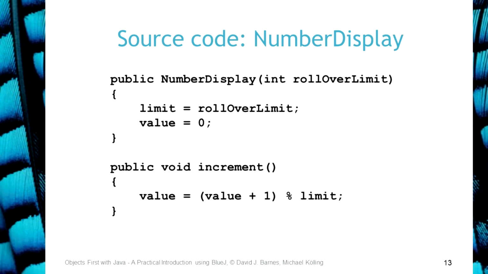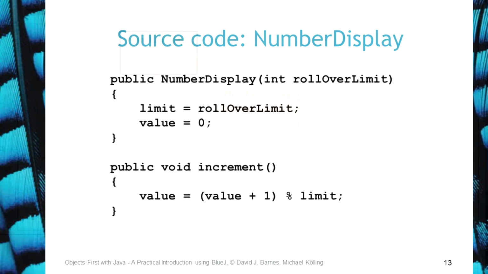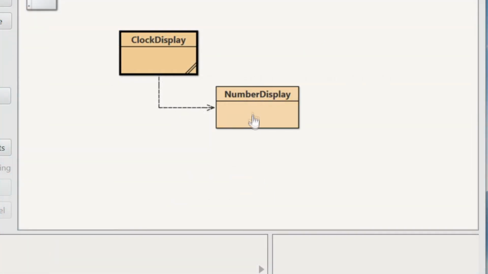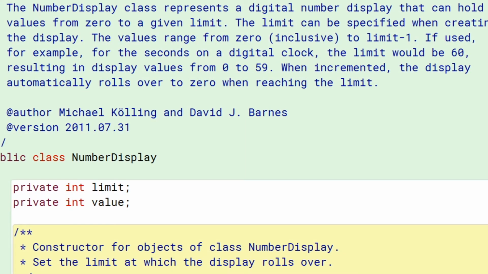So before we start to analyze the source code of the full ClockDisplay project, it will help if you gain an understanding of the NumberDisplay class and how its features support the building of the ClockDisplay class. This can be found in the separate NumberDisplay project. And here we see the complete source code of the class NumberDisplay.